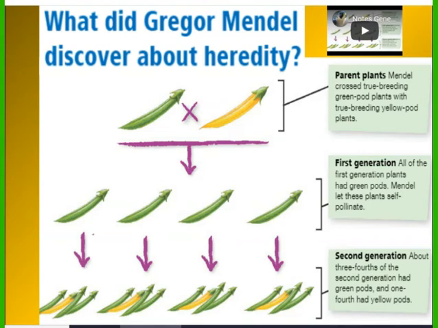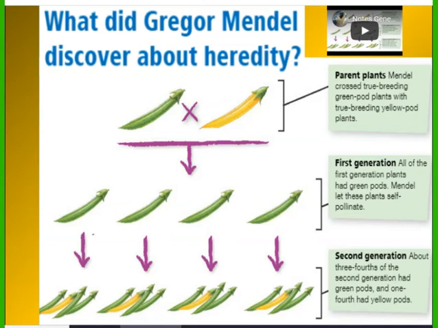True breeding means, and if you listen to that last page, it goes into what that means, that they're purebred. So the green pea pods had the 2 factors or genes or forms of the gene for green, while the yellow pea pods had the 2 factors or forms of the gene for yellow color.